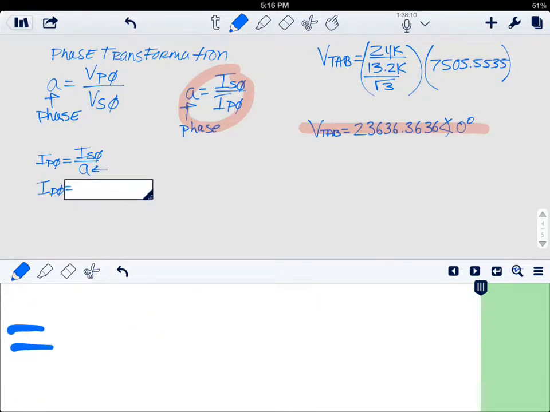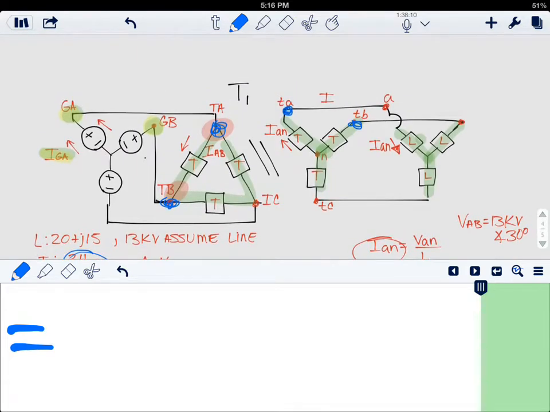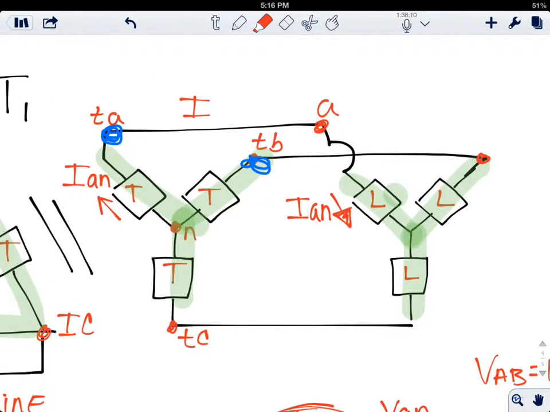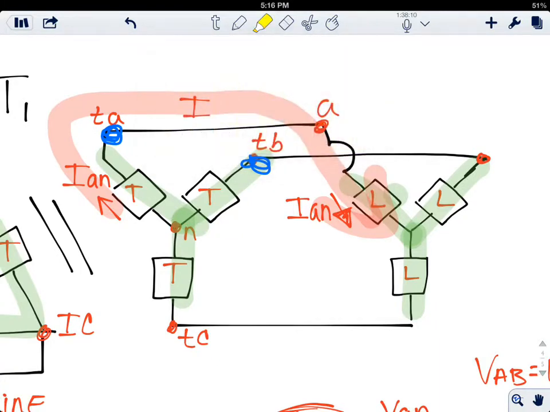If we substitute, we have the phase current here. We know that this current is in series with this current, so they are the same. And even though this is a line current, because it's from here to here, it's also the phase current from here to here.